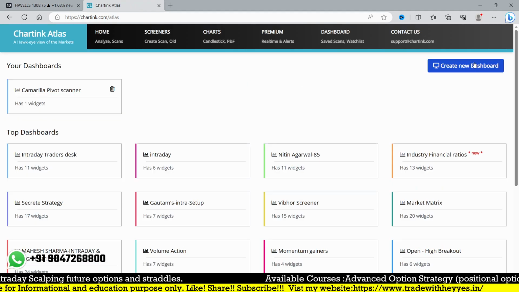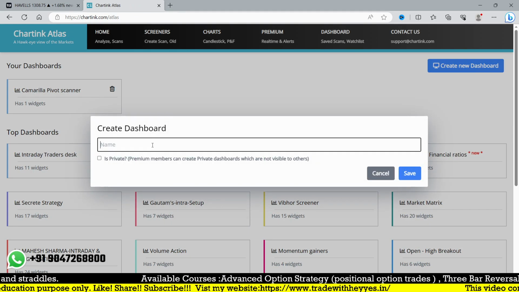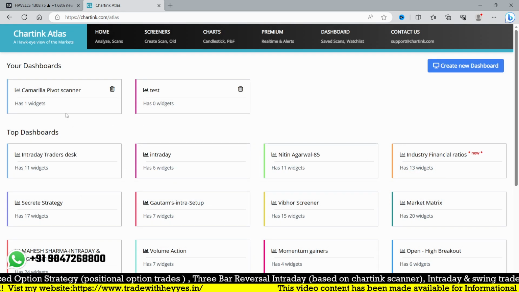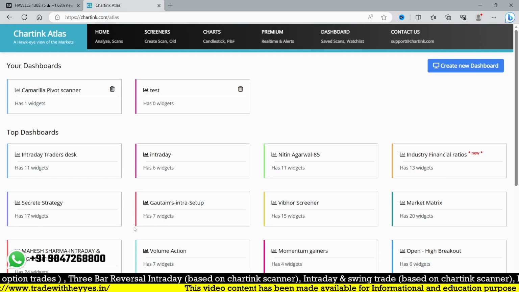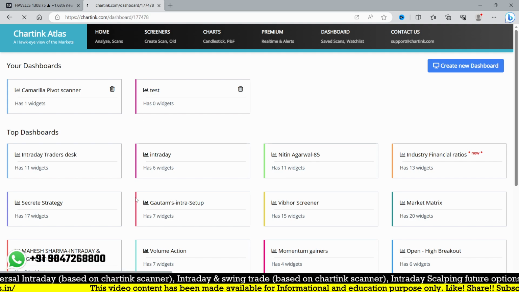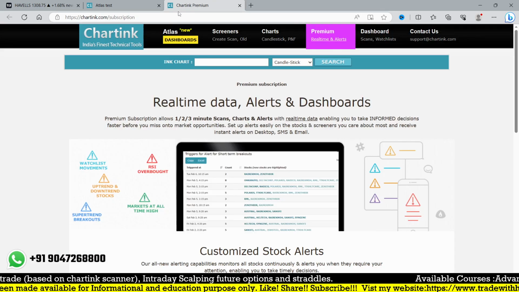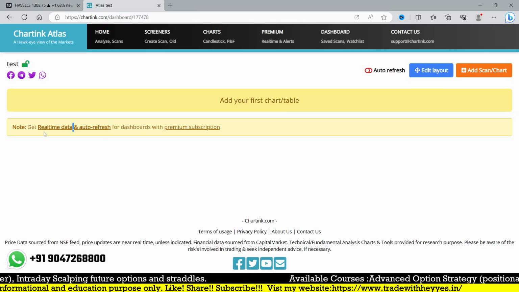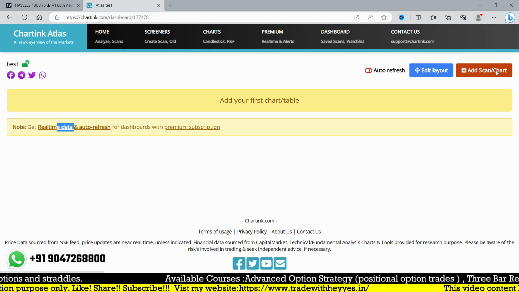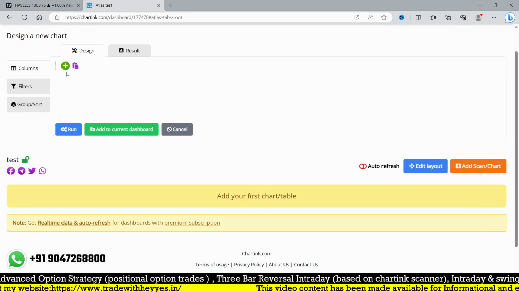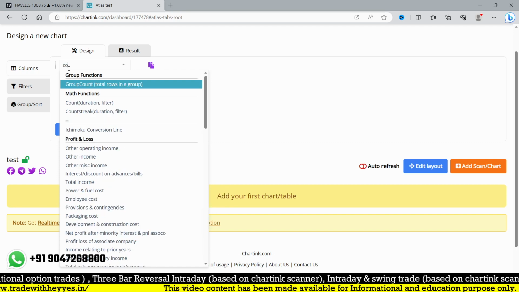I go to Atlas and create a dashboard, maybe a test dashboard, and save it. We can go for creating some real-time options or premiums, but not on premium right now. So we can add a script, and I can go from scratch, and I'm just going to create the close.